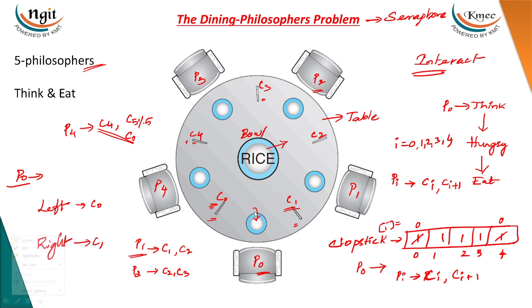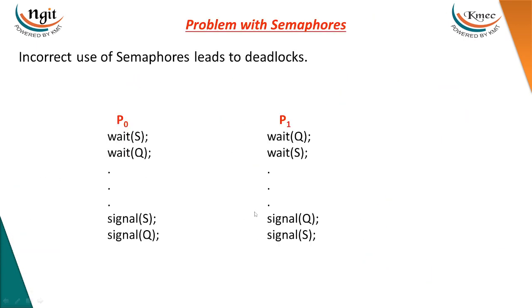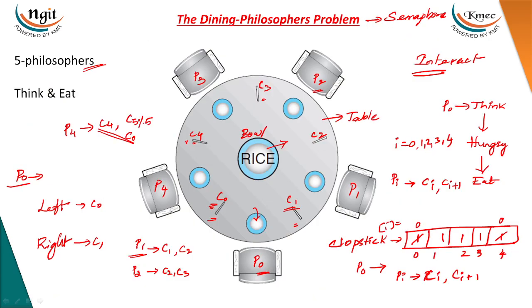In the problem, the philosopher P0 is picking the chopstick C0, because he has to pick the left chopstick, then the right chopstick. At the same time, P1 is picking C1, P2 has picked C2, P3 has picked C3, P4 has picked C4.